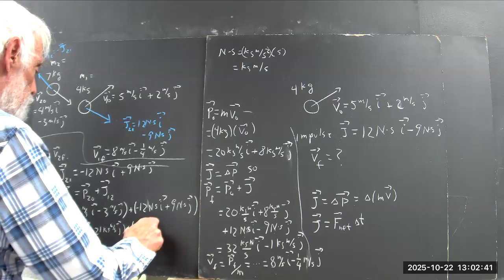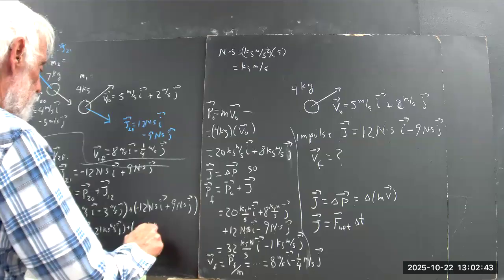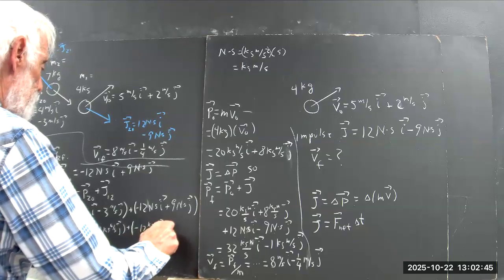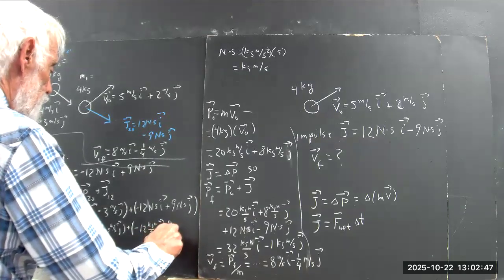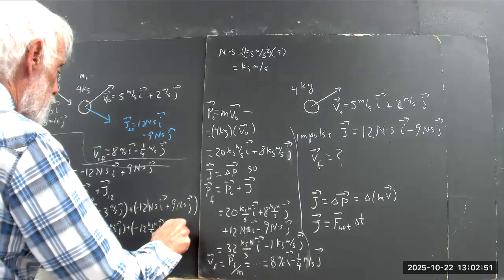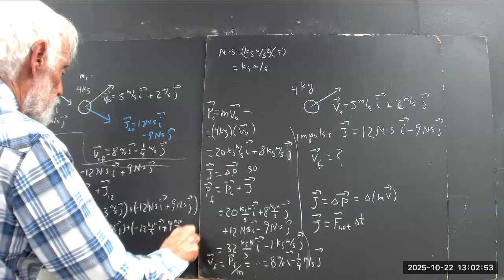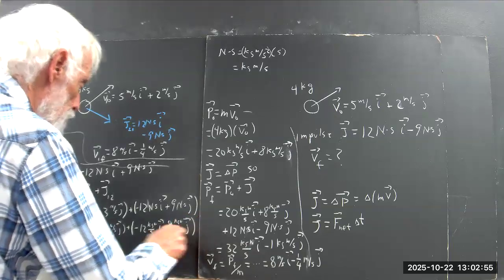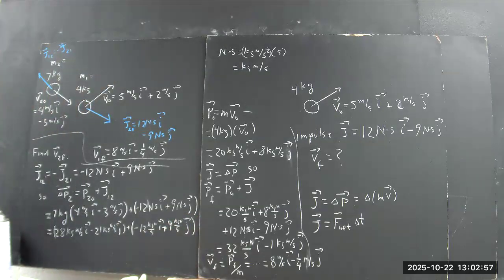So it's negative 12 kilogram meters per second times I plus 9 kilogram meters per second times the J unit vector. Make sense?